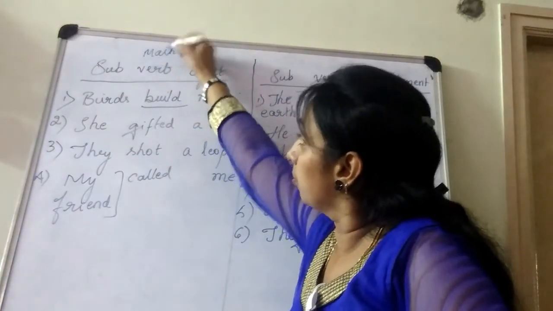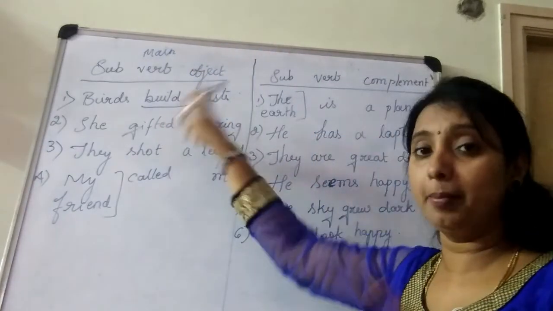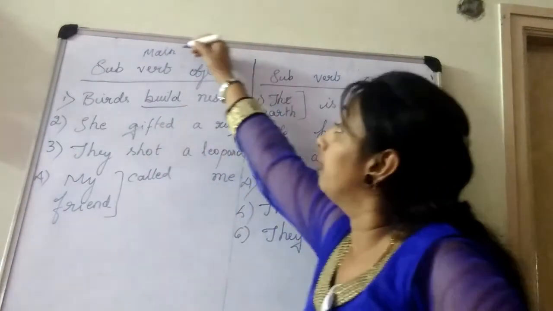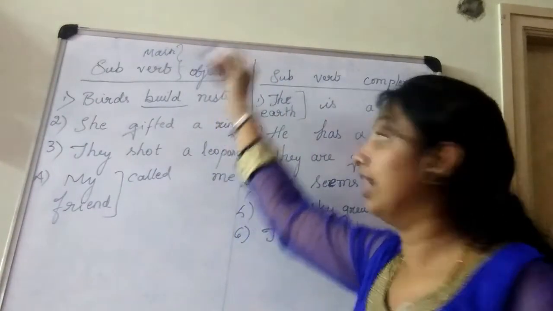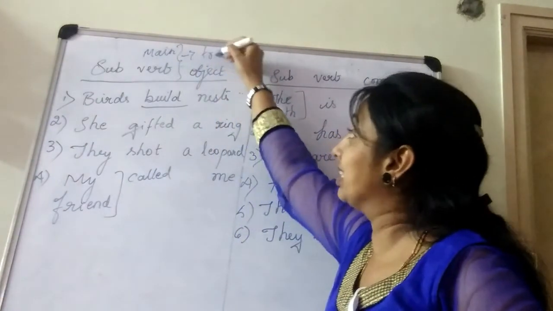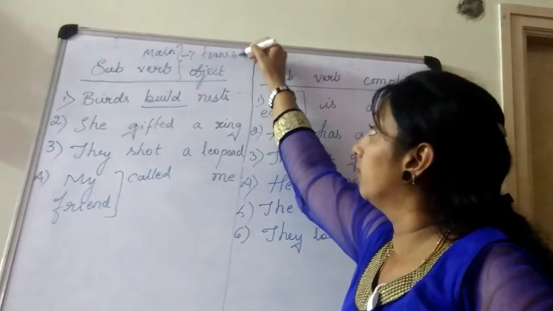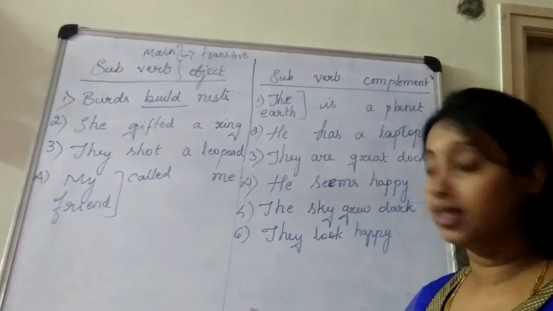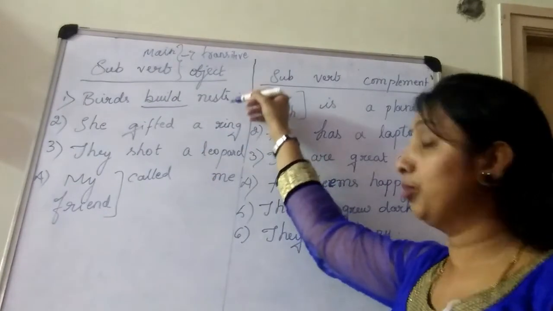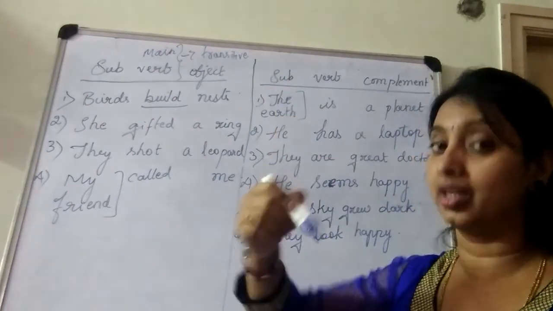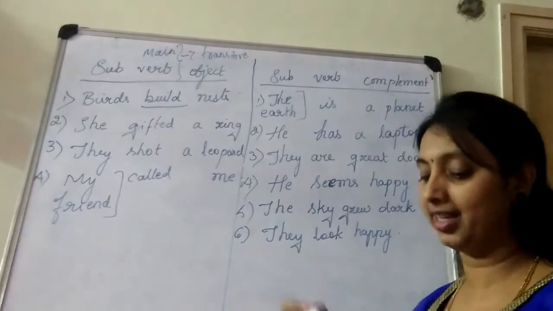Whenever we get a main verb, another condition is also there. If we get a main verb and if that main verb is transitive, then it takes an object. A verb which takes an object is called a transitive verb. If a verb is a transitive verb, then it takes an object.